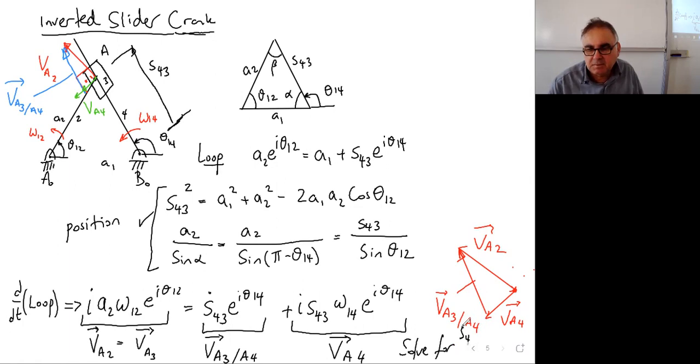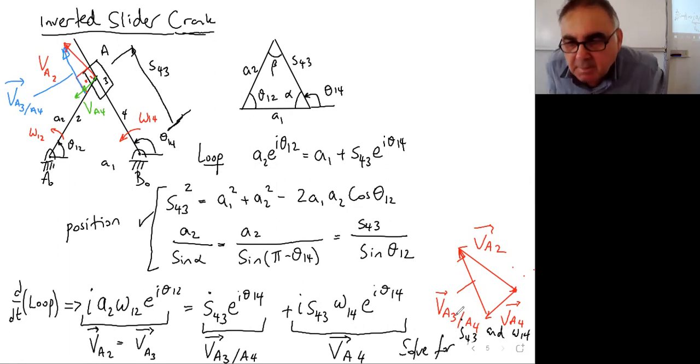S43 dot and omega 1,4. Just as we have done for the velocities for the four-bar and slider crank, we can do the same here. There is nothing difficult to do here. Okay, it's just two equations with two unknowns.